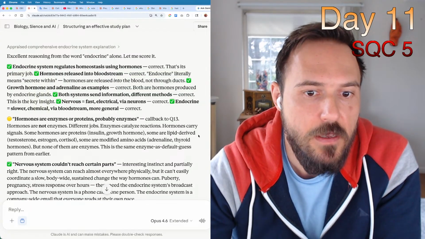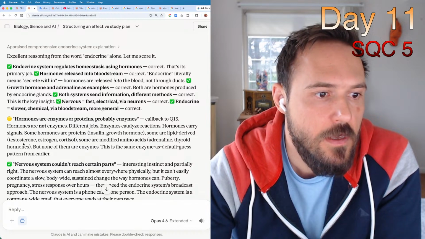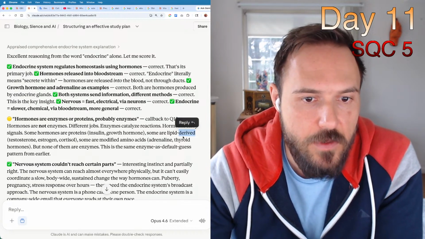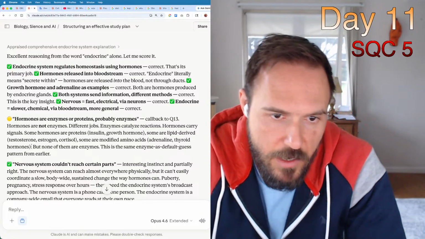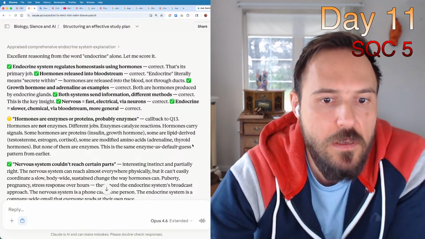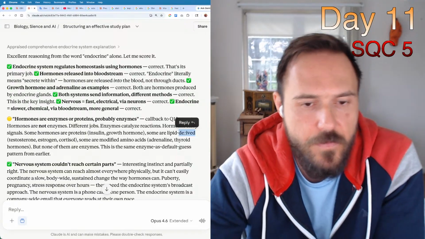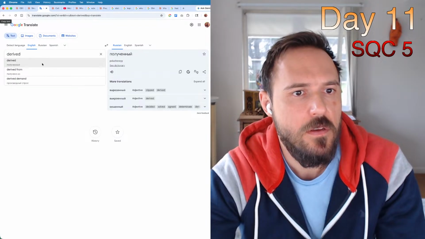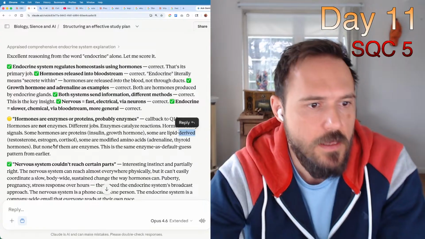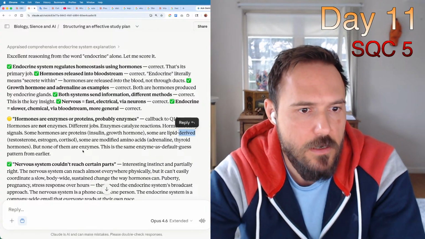Some are lipid derived. Okay, so some of them are proteins and some of them are lipid derived: testosterone, estrogen, cortisol.